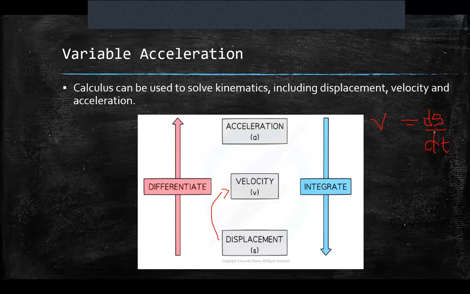And what quantity are we measuring with respect to time? Displacement, and the displacement is denoted by s. So v is ds on dt. Sometimes you might see displacement denoted by x. Doesn't matter, right? Just know v is ds on dt. You might see x, dx on dt, right? Do you understand that?